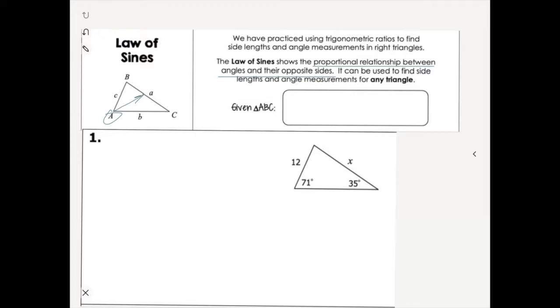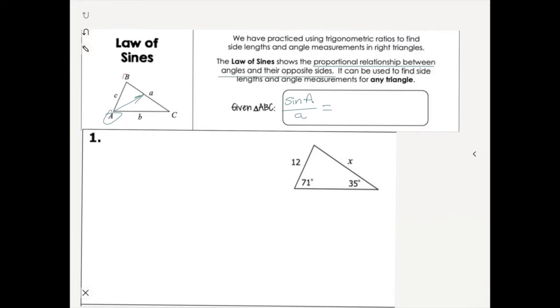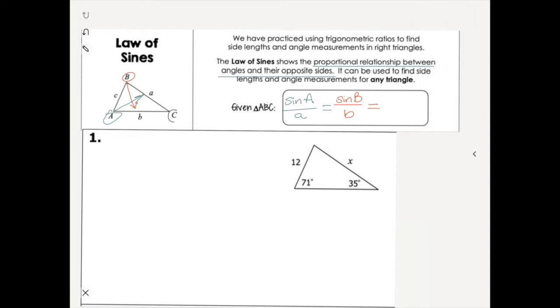So we're going to have the proportion set up where we have the sine of angle A over little a. That's the opposite side. And then we have the angle B, capital B, is across from side lowercase b. So the sine of B over little b, and that's going to be equal to, we have angle C, and that is across from side little c. So sine of C over little c.